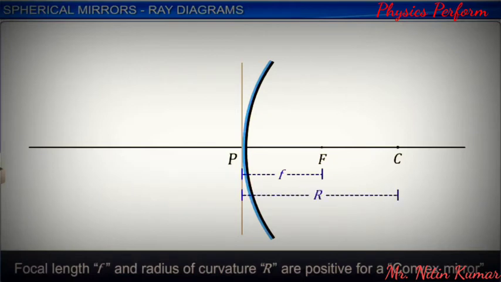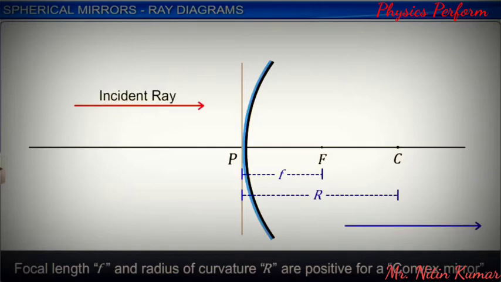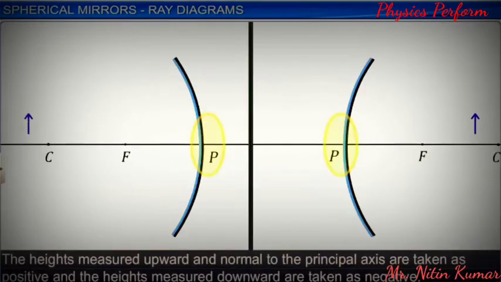Heights measured upward and normal to the principal axis are taken as positive, and the heights measured downward are taken as negative. When object AB is placed beyond C of a concave mirror, an inverted image A dash B dash is formed.